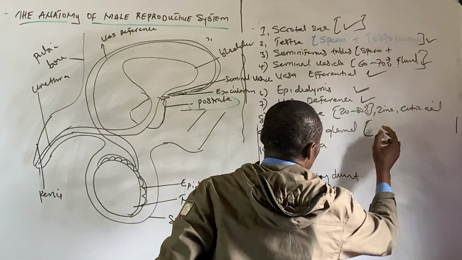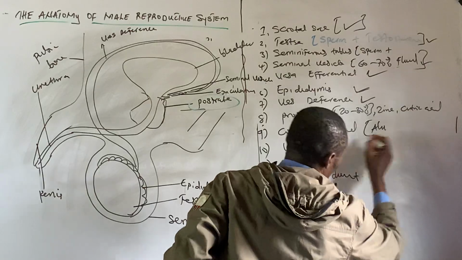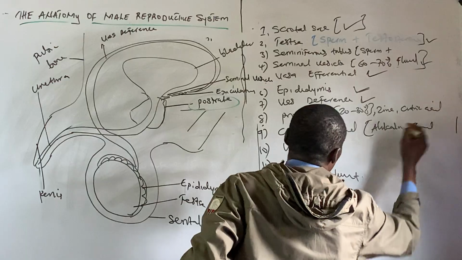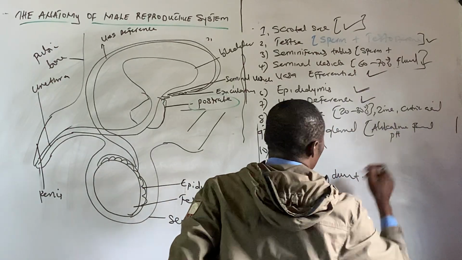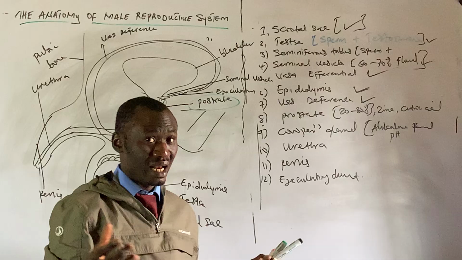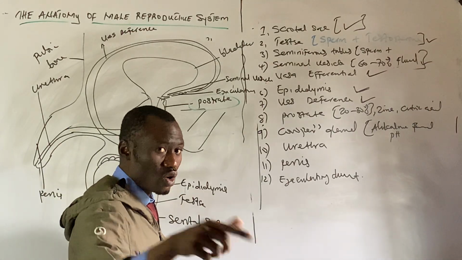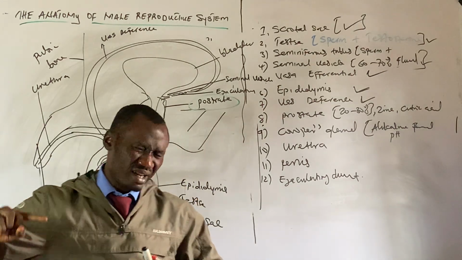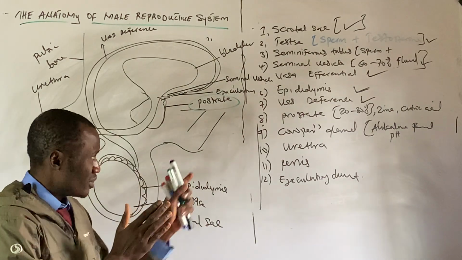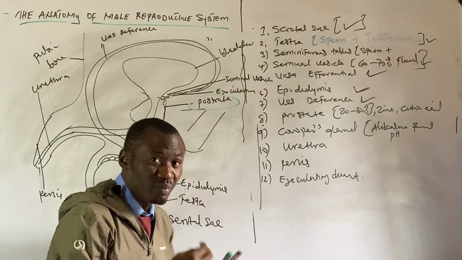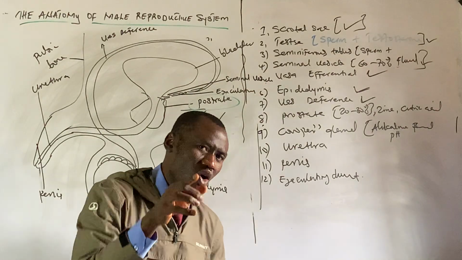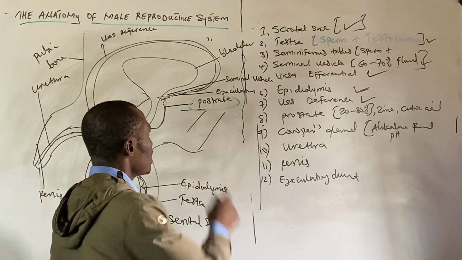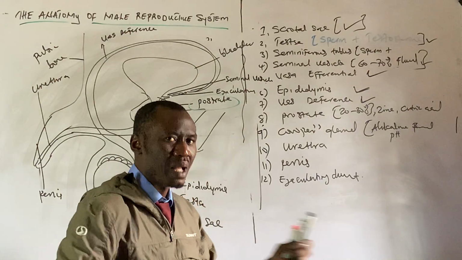They secrete alkaline fluid, which reduces the acidity of the female reproductive system. The female reproductive system is normally acidic, but when the sperm goes in, the fluid from the Cowper's gland and from the prostate gland help to neutralize the pH, thereby enabling the sperm to survive. The prostate also helps to push the sperm out during ejaculation.